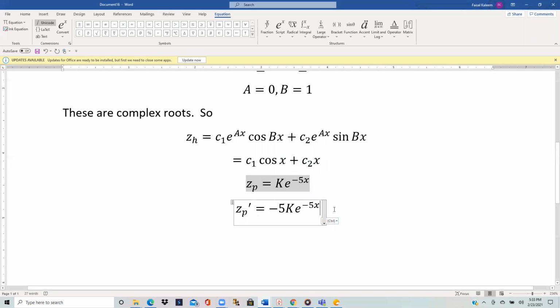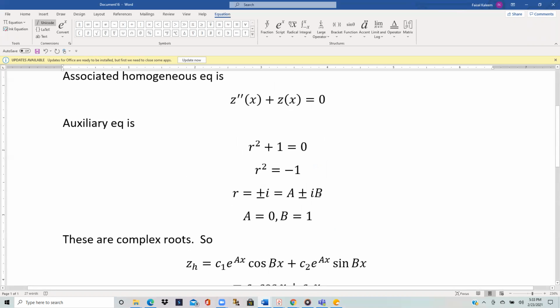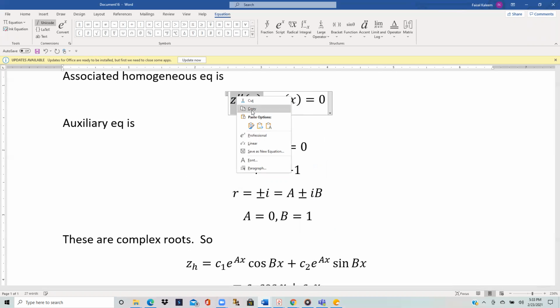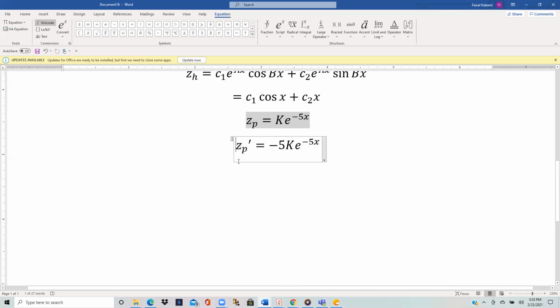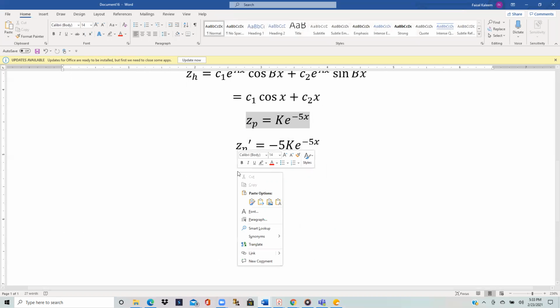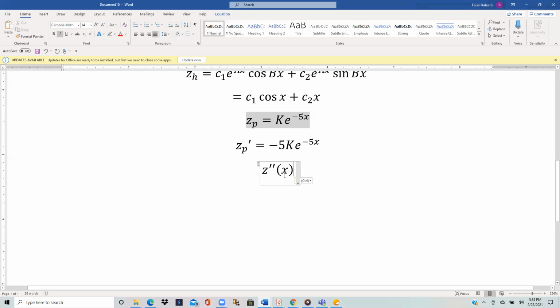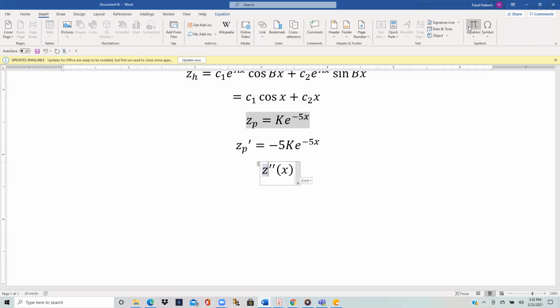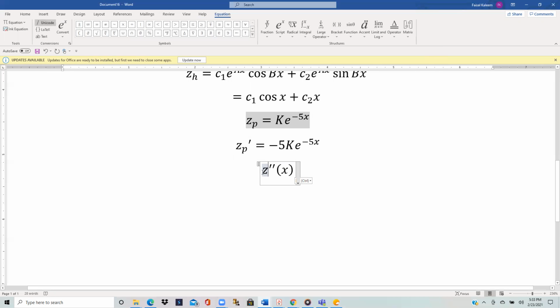And when you take the second derivative, ZP double prime would be 25k e to the negative 5x.